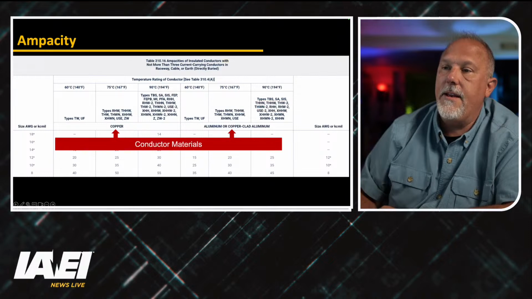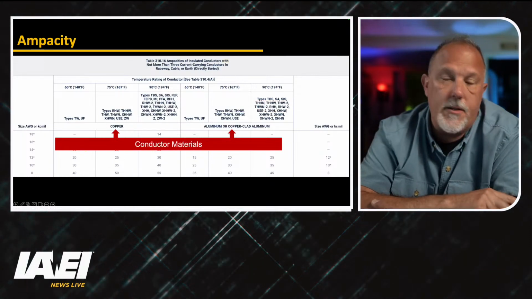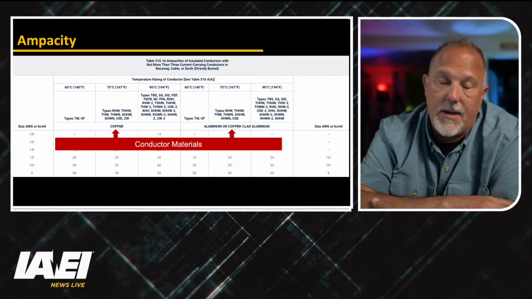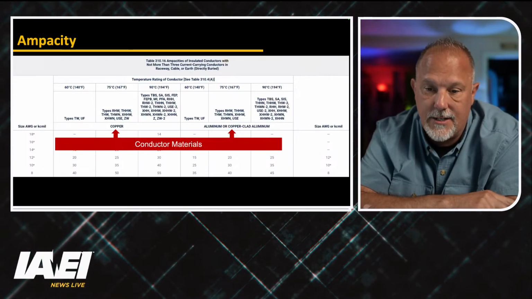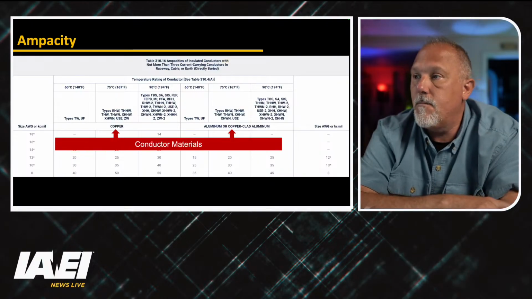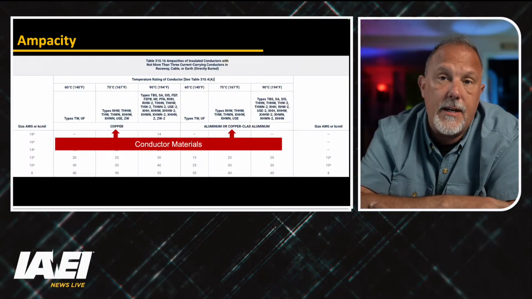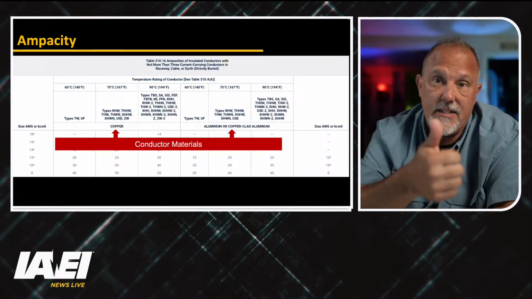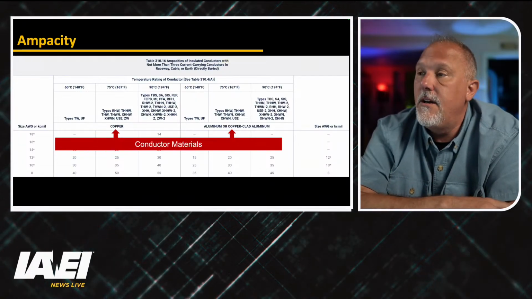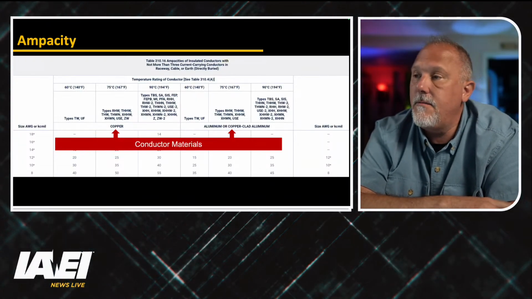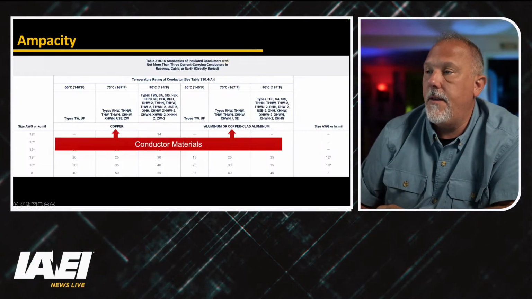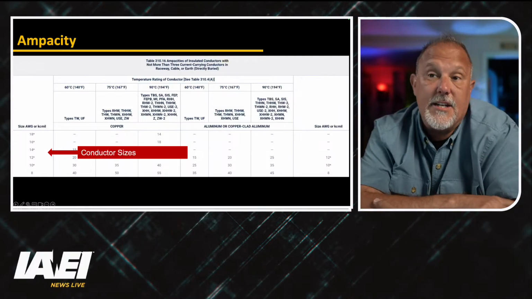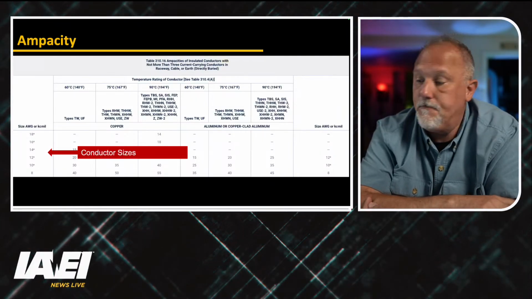All right, and then the next one is your copper or aluminum or copper-clad aluminum. Copper-clad aluminum has been around for a while, and I know it's been heavily debated recently. And the 2026 code cycle is going to give us that 10 amp circuit for some applications, which somebody was happy over. Then the conductor sizes are on the left-hand side.